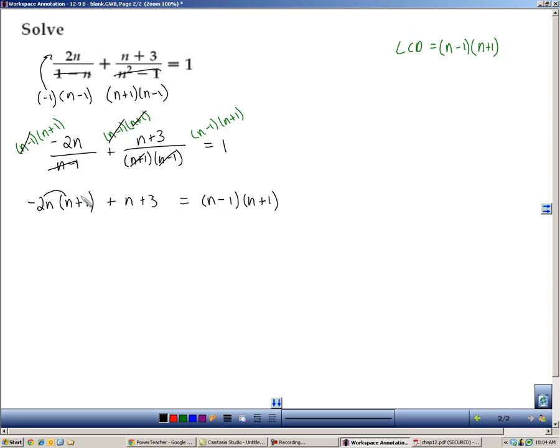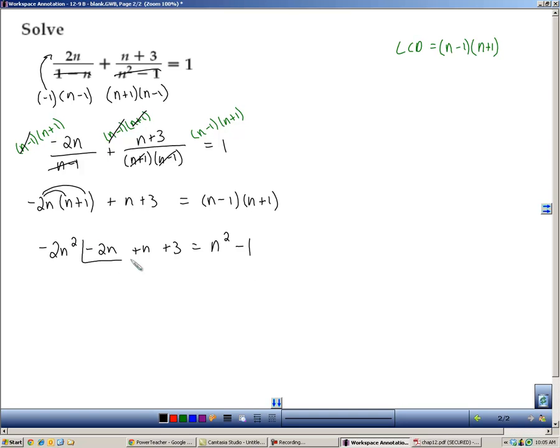So now we'll distribute here and here, negative 2n squared minus 2n plus n plus 3. This creates a difference of squares. Right here, n squared minus 1 factored. So now I'm going to put it back together to make it n squared minus 1.